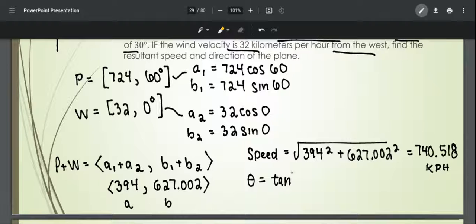And then your direction will be your inverse tangent of B over A. So your 627.002 over your A, your 394. We get 57.659.